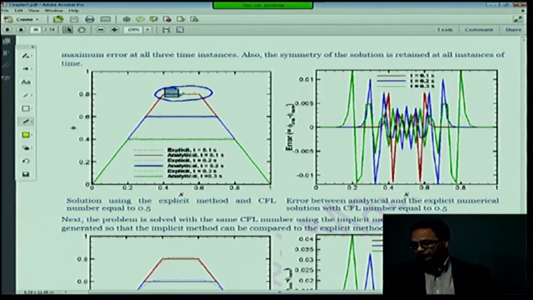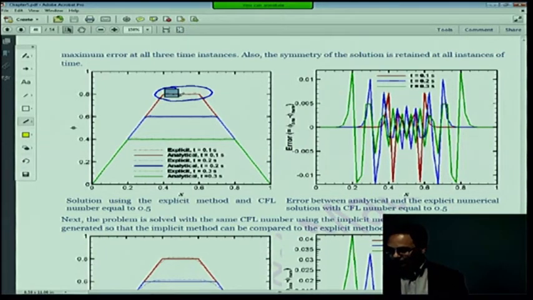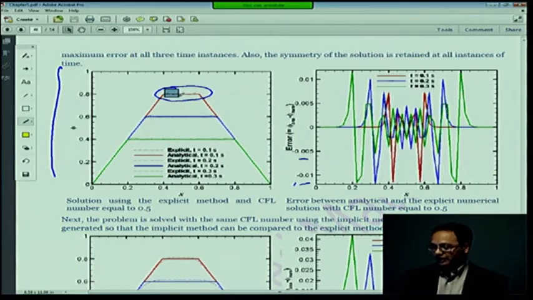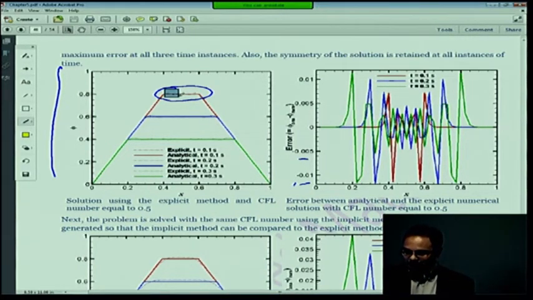They're of course nice and symmetric, they're not noise, but you see these kinds of error profiles. The actual magnitudes are pretty small compared to 1, but they are there. But the solution is stable. If you go to higher time steps, what happens is this whole thing keeps going down, down, down, and then you get the same kind of patterns in the negative direction.